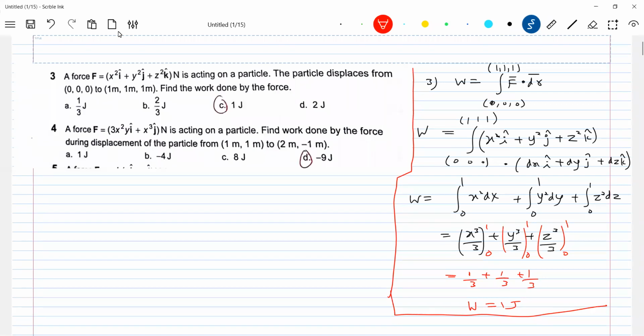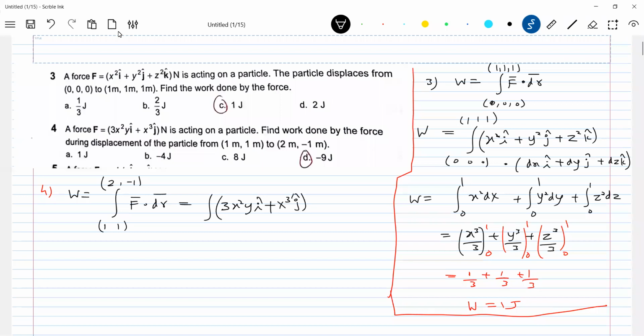Okay, now question number 4. Here you see that earlier it was a three-dimensional force, no? Now the force is acting in a plane, in the xy plane. Earlier it was acting in space. So the work done equals the integral of F bar dot dr bar. The limit will be from (1, 1) to (2, -1). So this will be 3x square y i cap dot dx i cap, dy j cap.